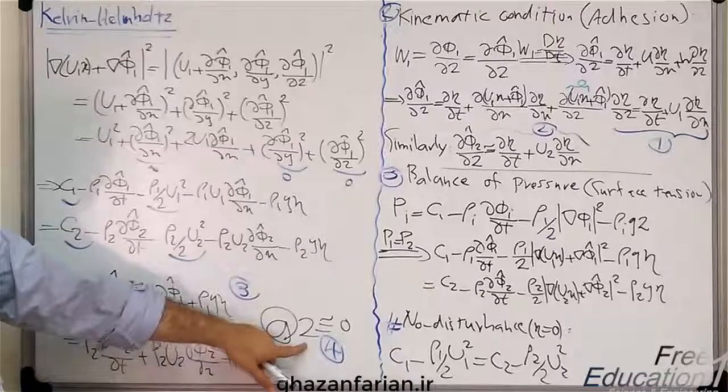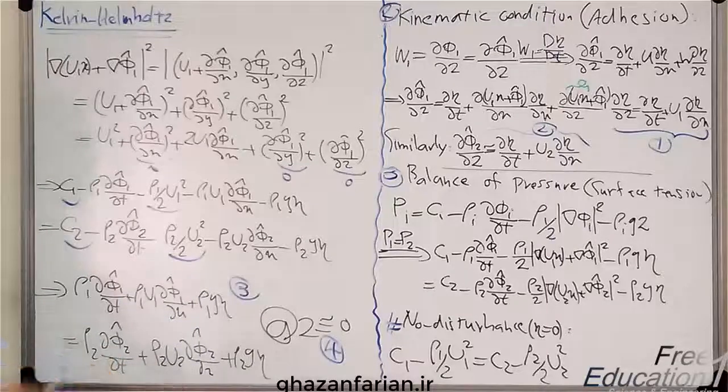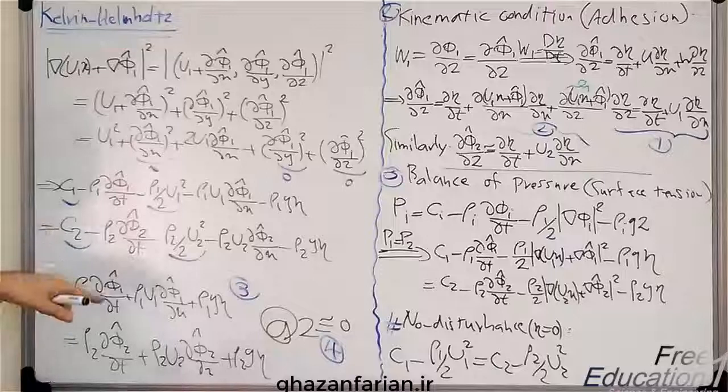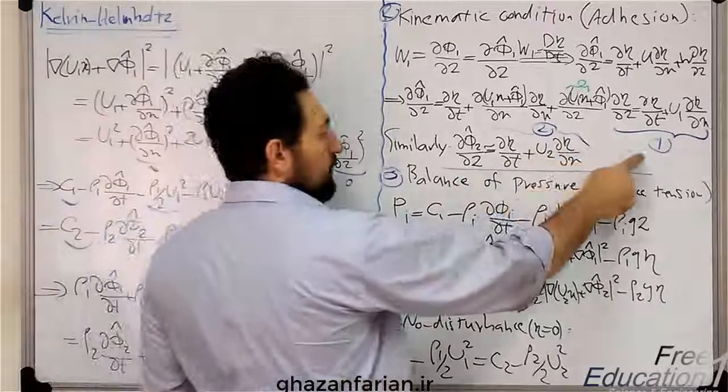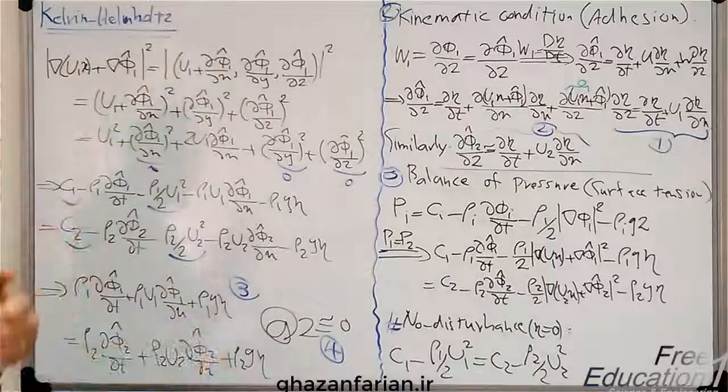This is again the kinematic linearization, and this is the dynamic linearization. So we have 4 equations on the board. Equations 1 and 2 are the linearized version of the adhesion kinematic condition.